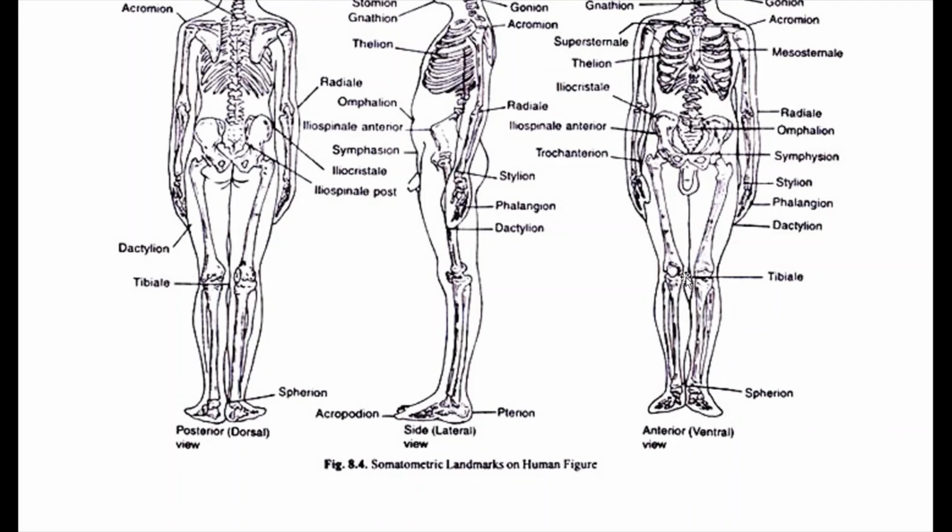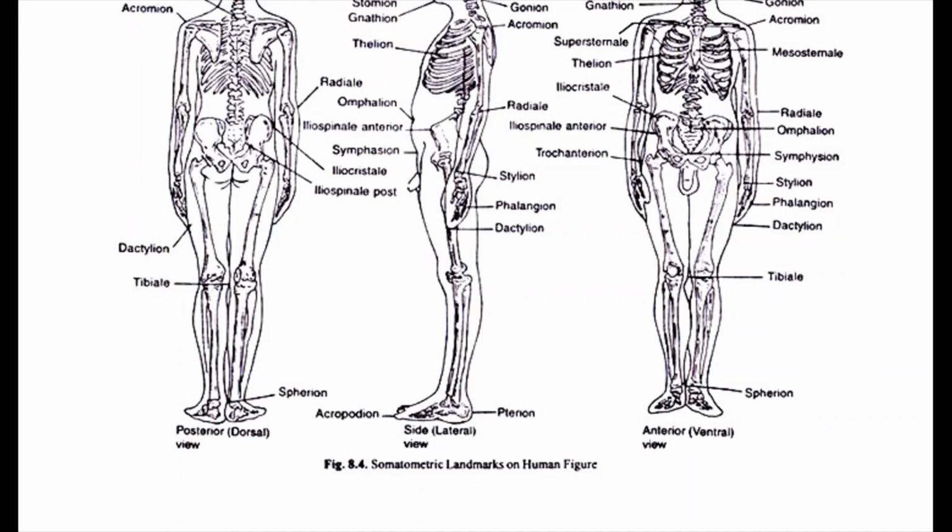That most protruding portion, or the prominence that you can feel in that area, is identified as tibiale. From here you locate the anthropometer rod on the side, you bring the calipers till here, and then you locate the tibiale and take the reading.